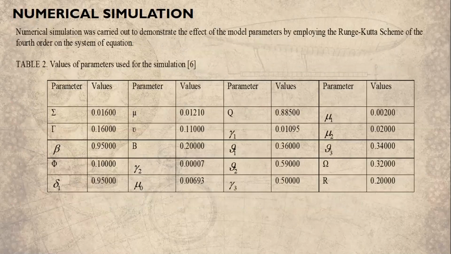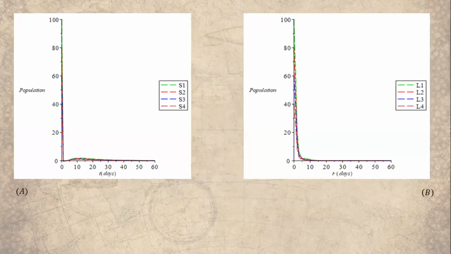Now we go to our numerical simulations. Our parameter values are stated and shown here in our table 2. From that parameter value, in this first figure, we are going to be varying different populations, the susceptible populations S1, S2, S3, and S4. So we can see from this table that as the population is increasing, the susceptible population is increasing.